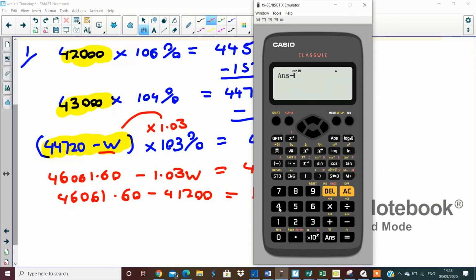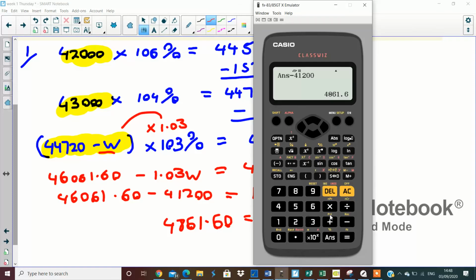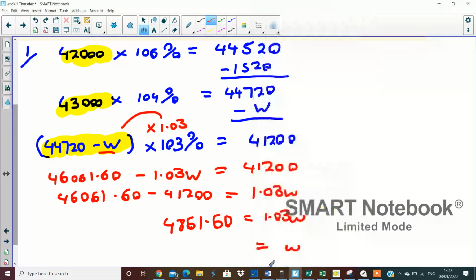Take away 41,200, you get this number here, 4,861 euro and 60 cents. That equals 1.03 W. Divide that number by 1.03, and anybody got the answer? Hooray, 4,720.